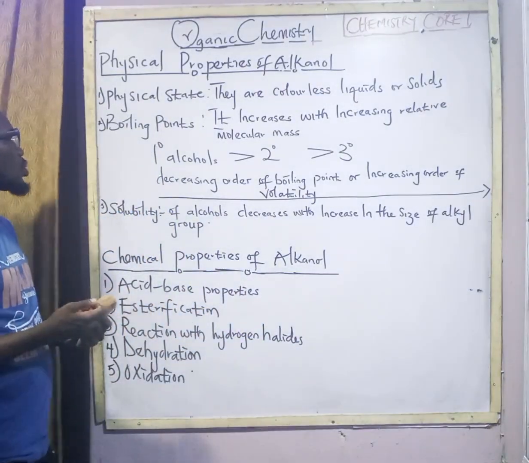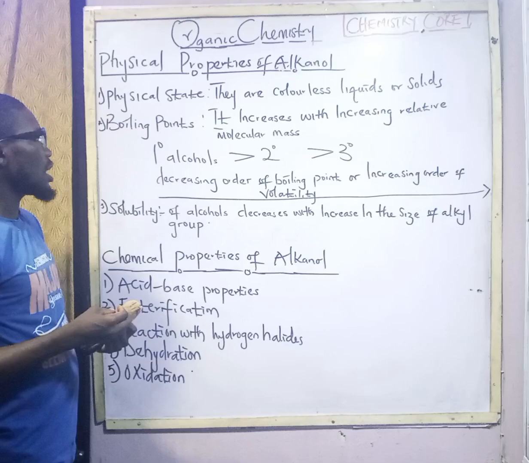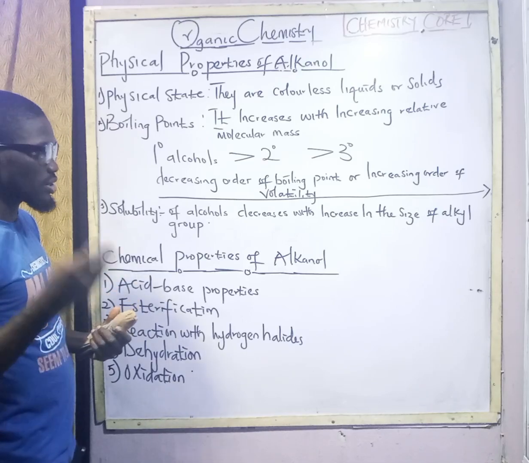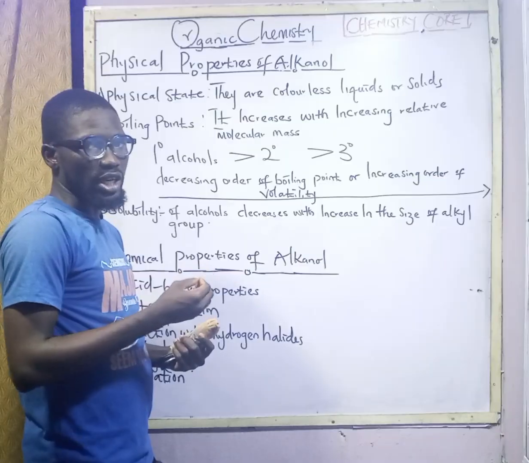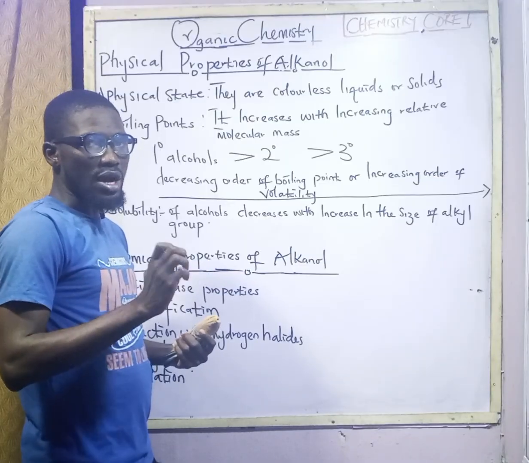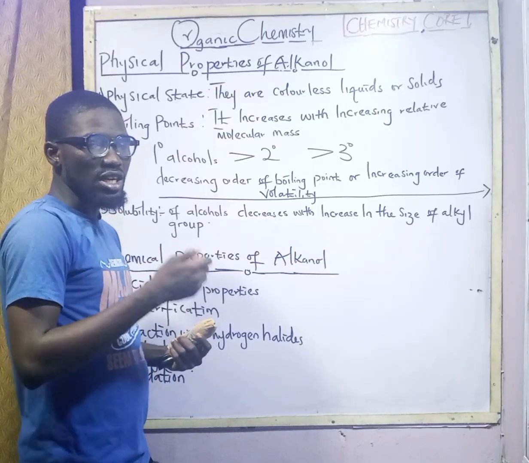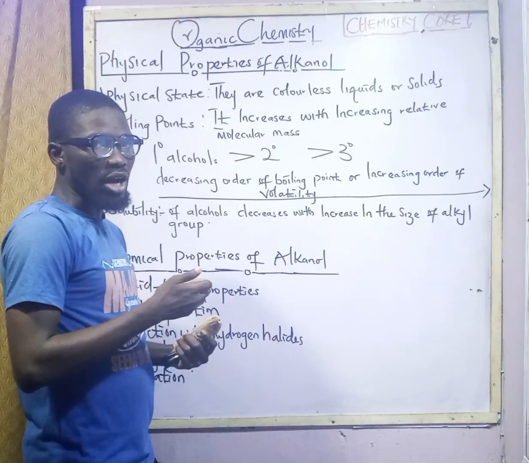The first one states what? They are colorless, liquid, and solid. As far as alcohol is concerned, they are always colorless, either liquid or solid. So how can we easily differentiate the solid and the liquid from the alcohol?